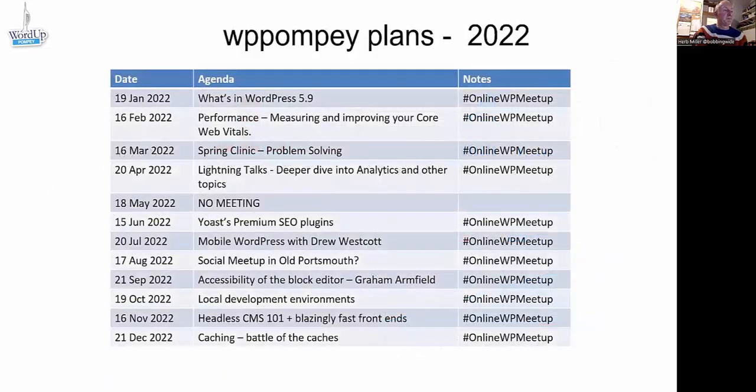Interesting. Next month we're going to talk about Battle of the Caches. Caches, yes. The Caches. And I've also convinced the Cambridge Meetup they're going to talk about that in January as well. So hopefully some people are going to try to use a different caching plugin somewhere and say why it works for them and compare that with another caching plugin.